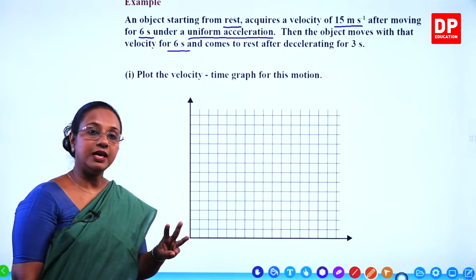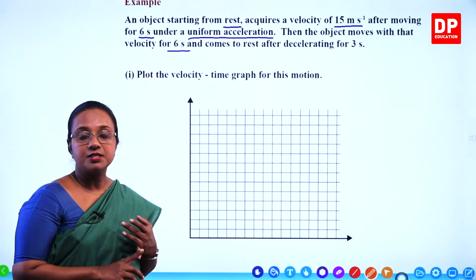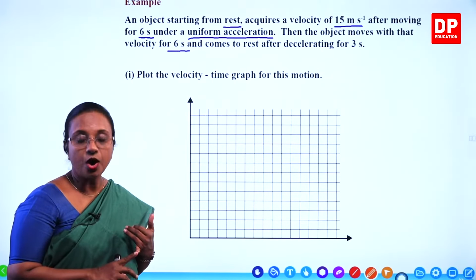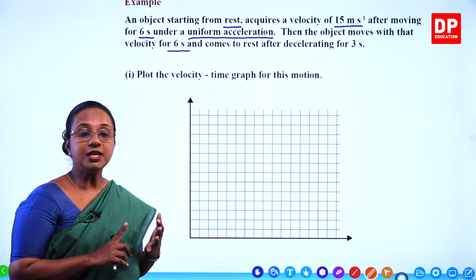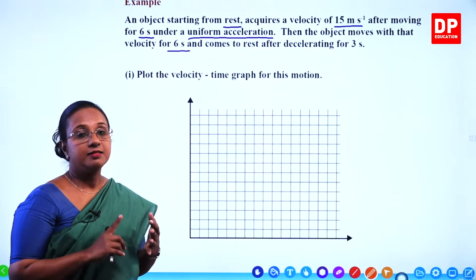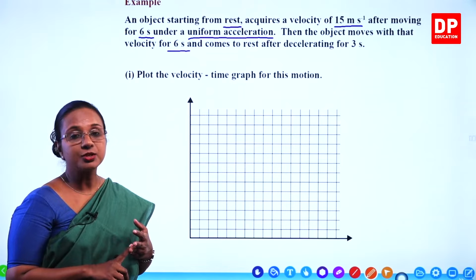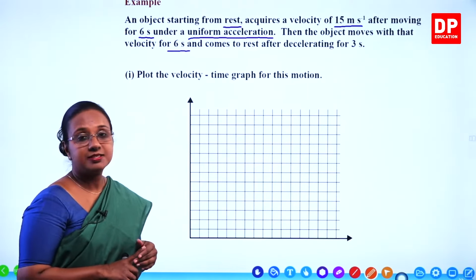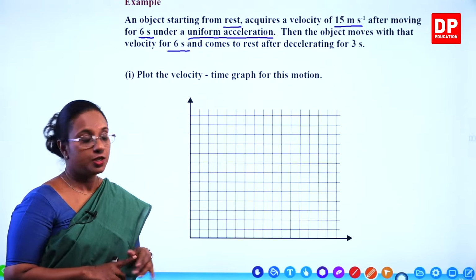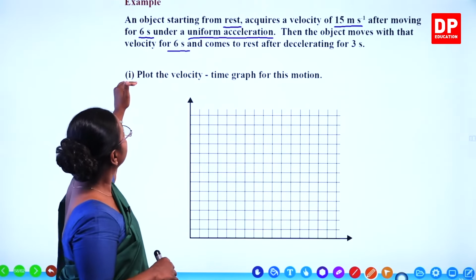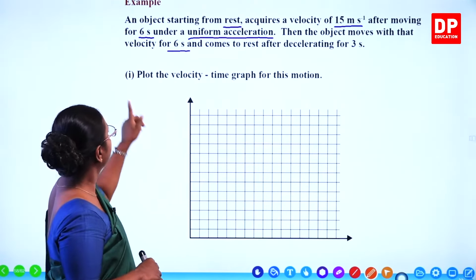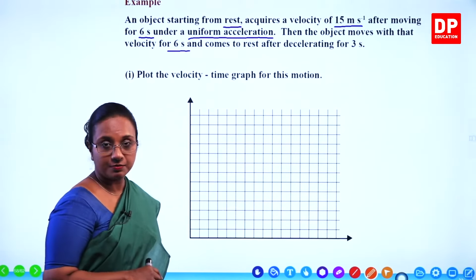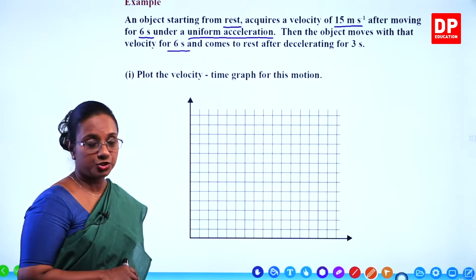So here again, there are 3 parts for the motion of this object. Initially, it is accelerating, then it is moving with constant velocity, and finally, it decelerates and comes to rest. So we will have to plot the velocity time graph for this motion.